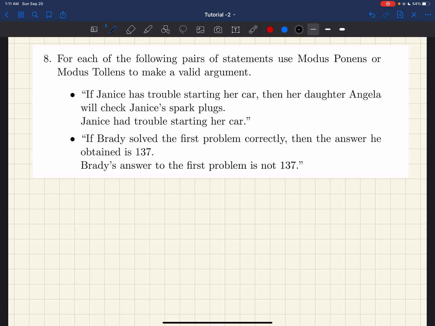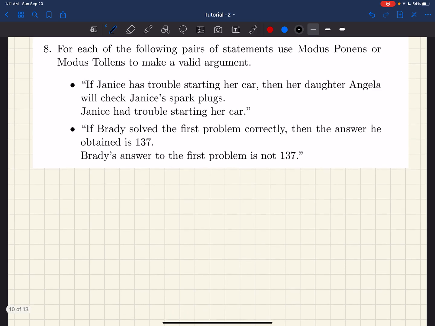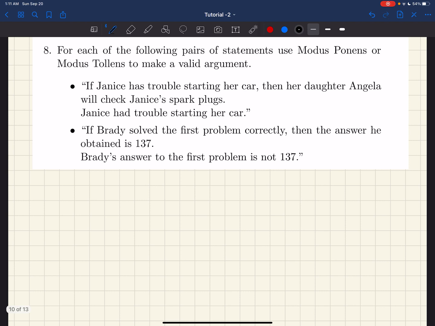Okay, first I'll write the definition of modus ponens and modus tollens.